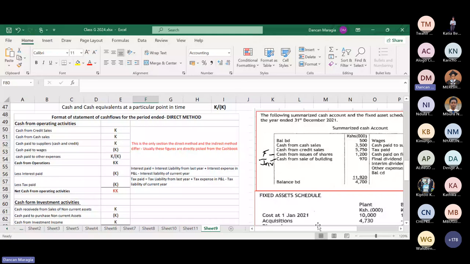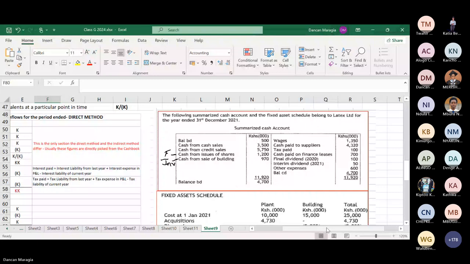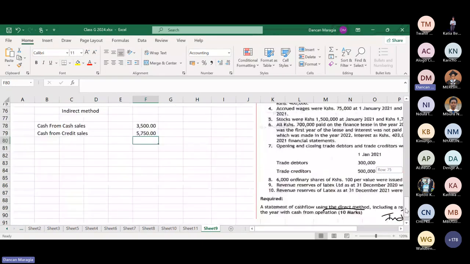Good. Already we have finished this side. Now we check wages and cash paid to suppliers. These go to operating activity.